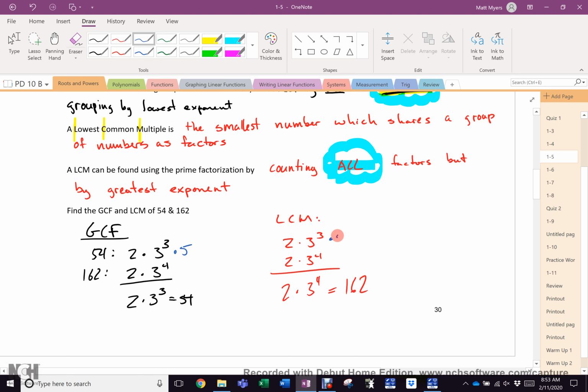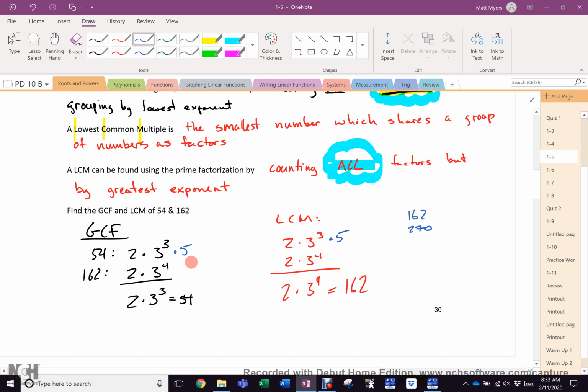And this would also have a 5, right? I've changed colors to blue because now we're going to do 162 and 270, right? So now, what's our biggest common factor now? It's still 54 because the 5 is not part of the 162. Does everybody understand?